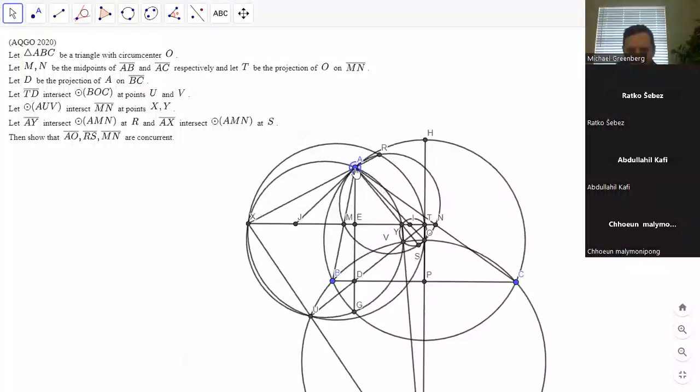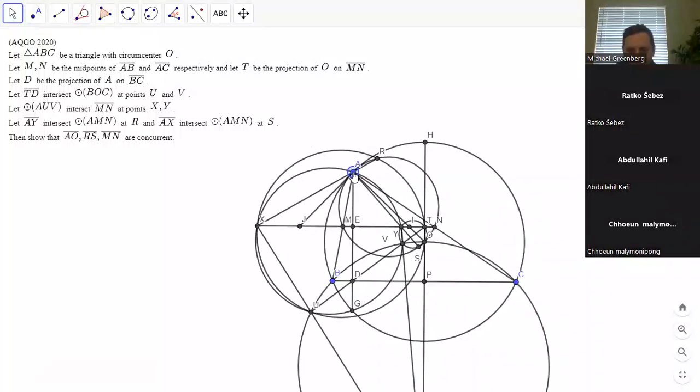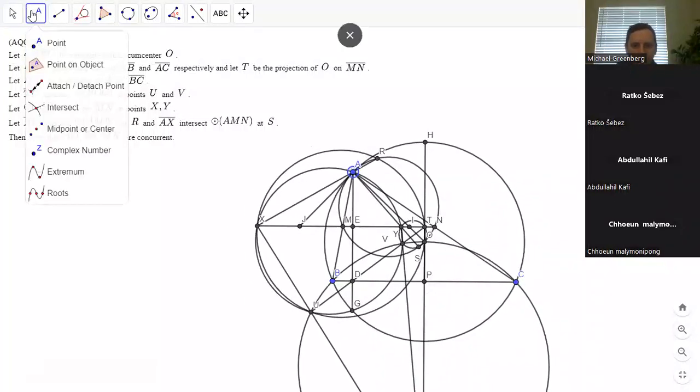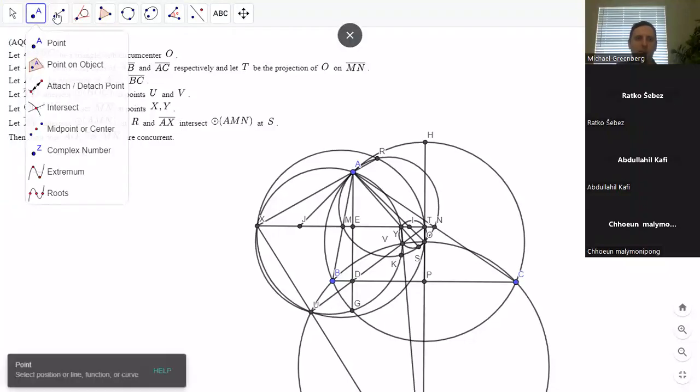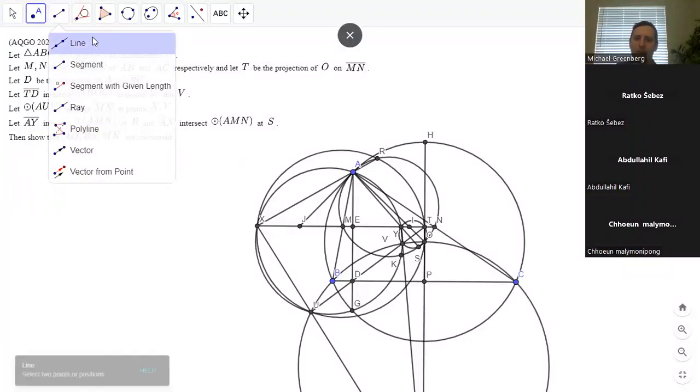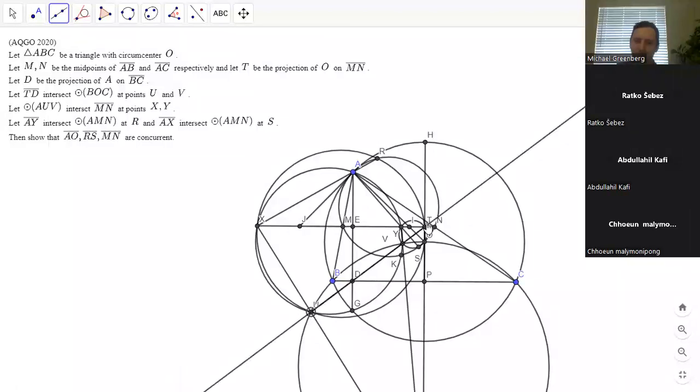Also, just another thing which is useful in this problem is that DT passes through the point which makes an isosceles trapezoid with triangle ABC. Okay. So then maybe the mixed linear and circle could be useful.